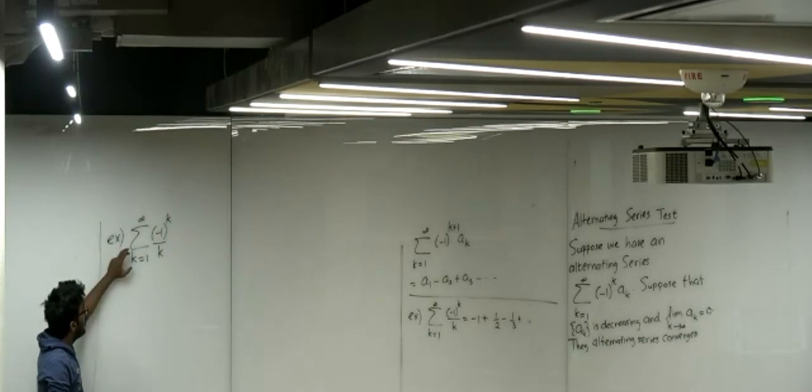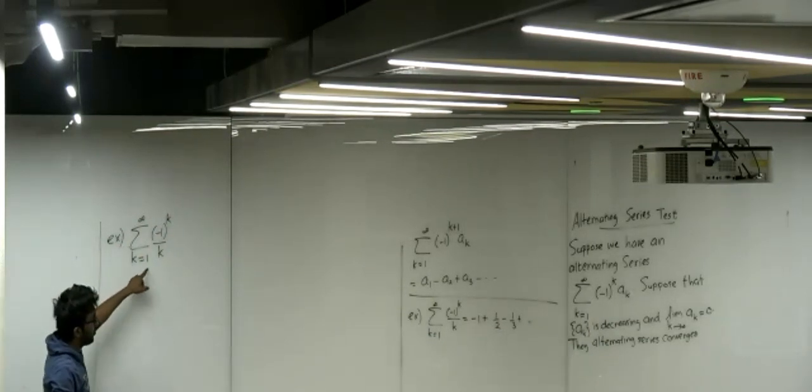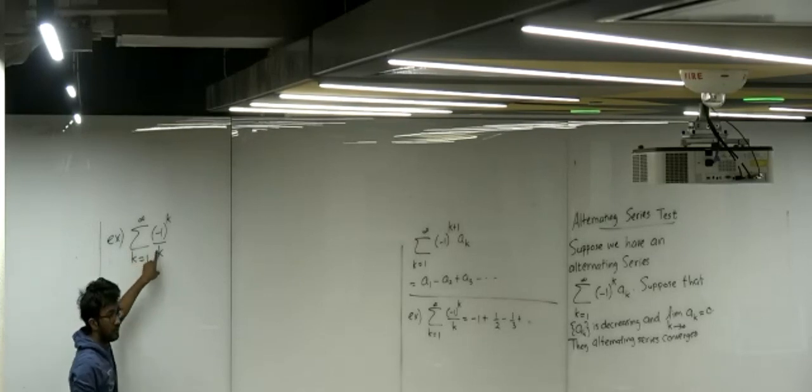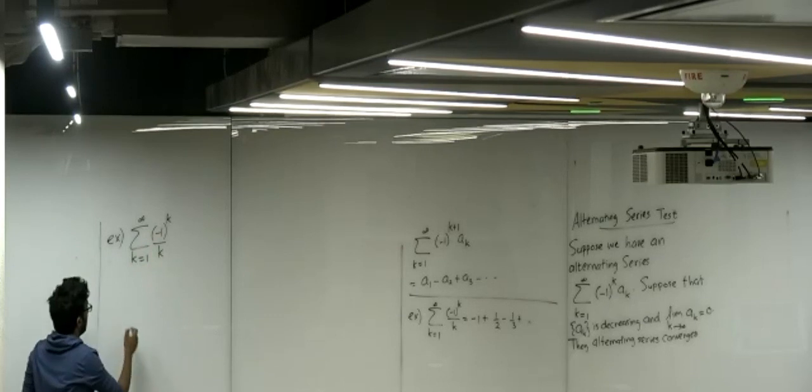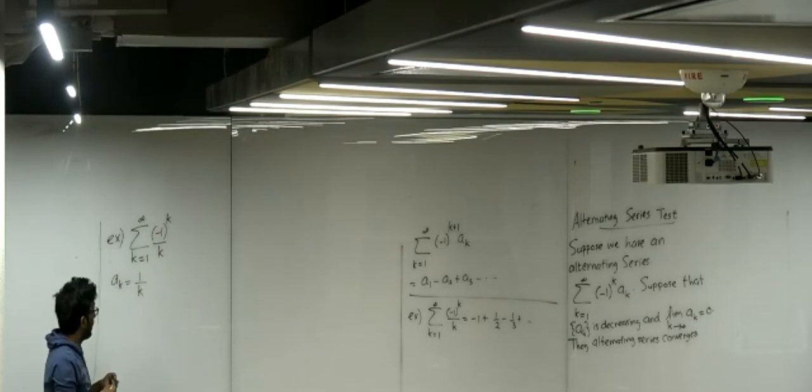Now, what can you say about a_k here? a_k is 1 over k, because I have negative 1 to the power k and 1 over k.